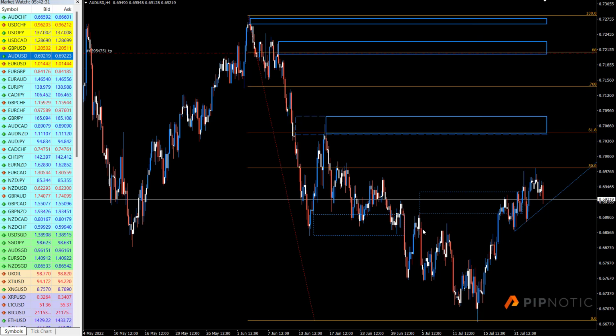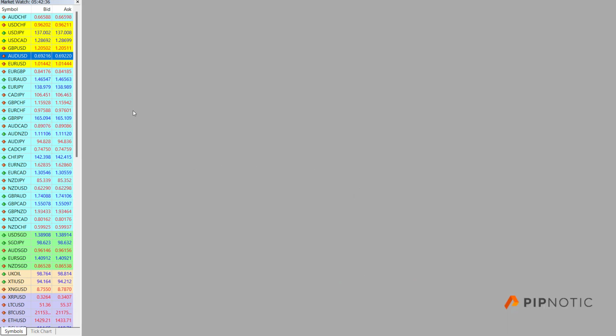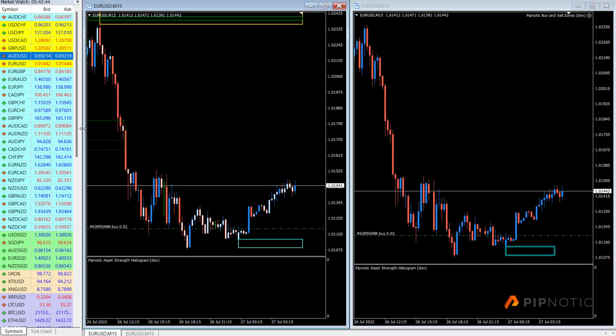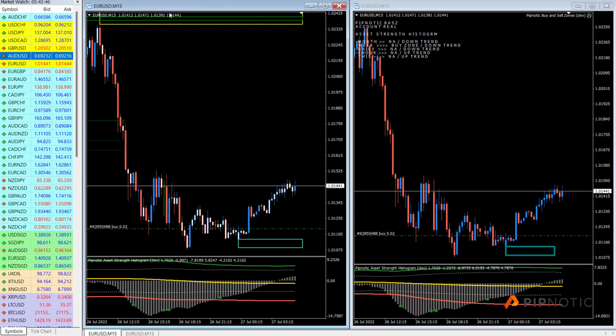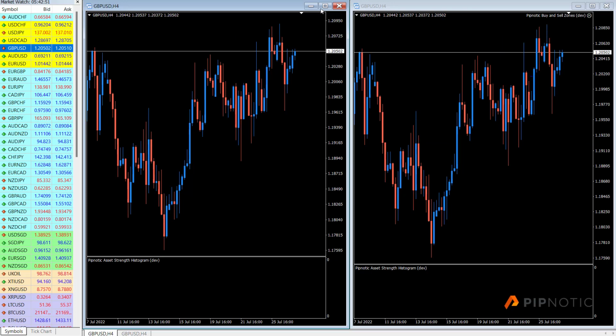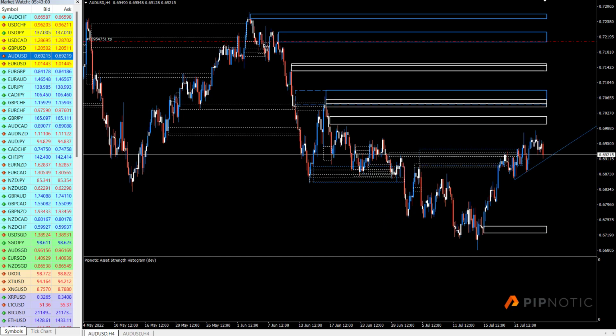Okay, so what we could do here is let me zip into another profile, buy and sell zone. Okay, so we're on the 4 hour. I'm going to go to, what was that? That was the Aussie USD.